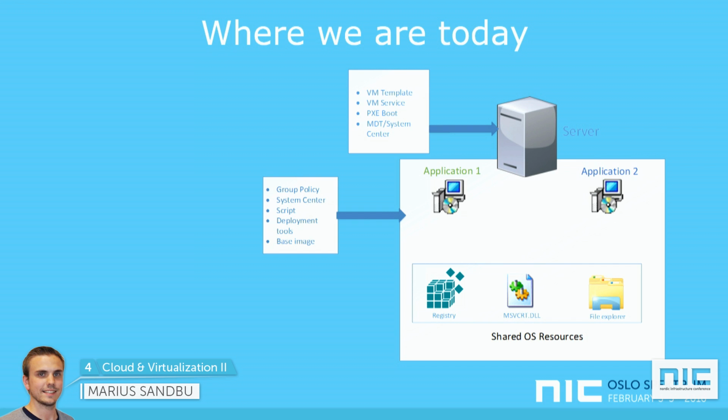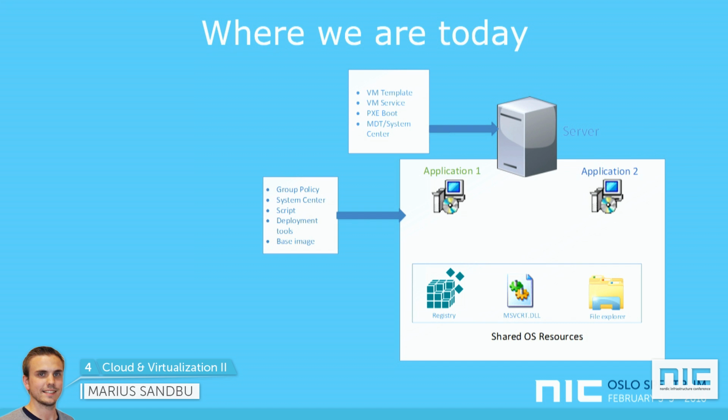When we need to update the image, we need to start the virtual machine, install updates, and then new virtual machines will have the latest patches installed. But for the virtual machines that we've already provisioned, we need some sort of update management service like WSUS or System Center in place to manage those updates.